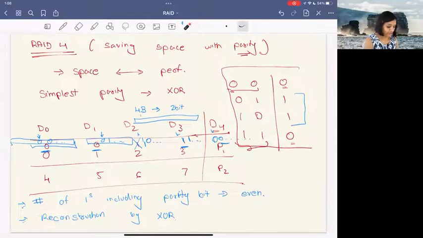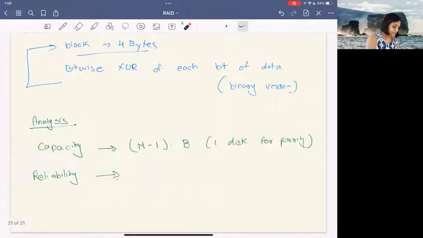No, it cannot. If disk 2 and disk 3 fail, then we would have no way to reconstruct the data for both of these disks. We wouldn't know exactly what data it is. So for reliability, we can tolerate exactly 1 disk failure for 1 RAID 4 group, for which we are maintaining a single parity disk.